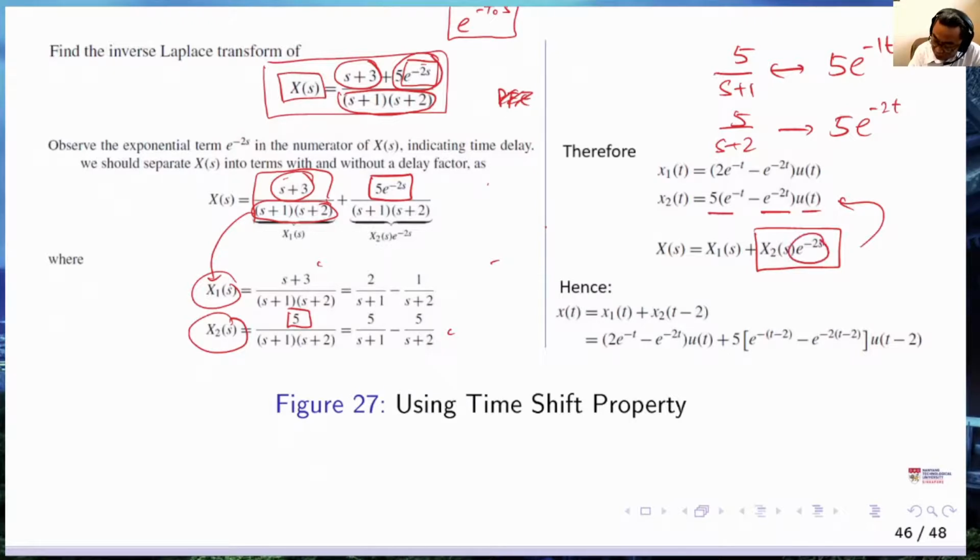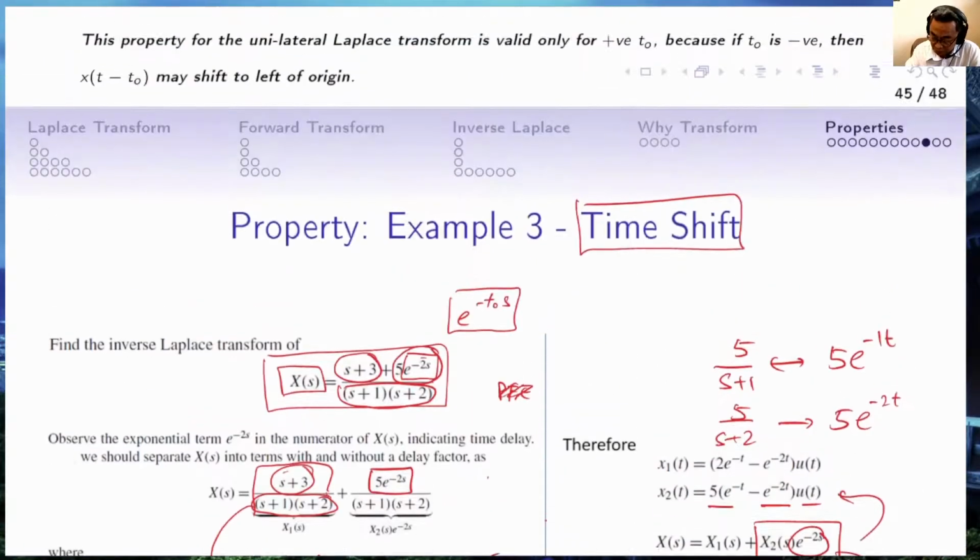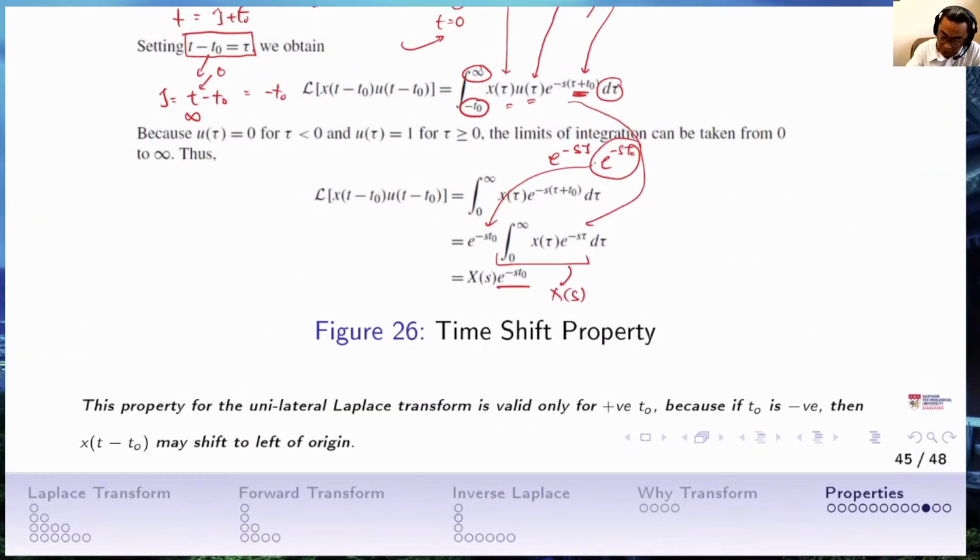What about the e to the minus 2s? You will introduce the time delay here. So you have 5e to the minus (t minus 2) minus 5e to the minus 2(t minus 2), additionally times u of t minus 2. So remember, this is the property that we are using.